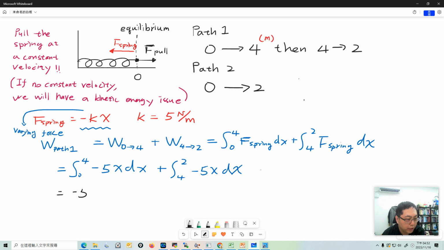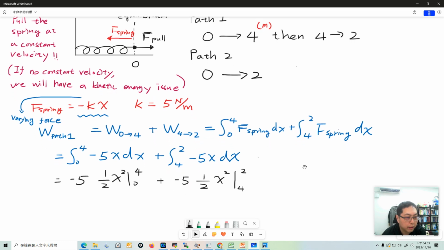So minus 5 is the constant factored out, and it's 1 over x squared from 0 to 4. Then plus minus 5, factoring out 1 over 2, x squared from 4 to 2.